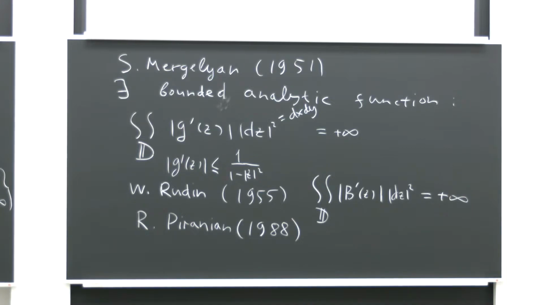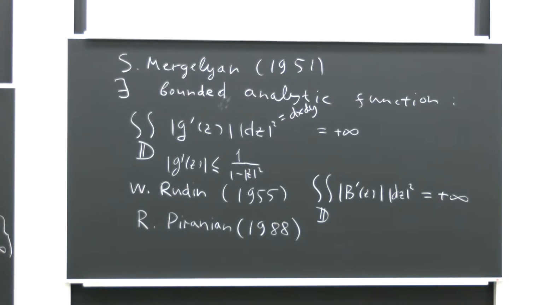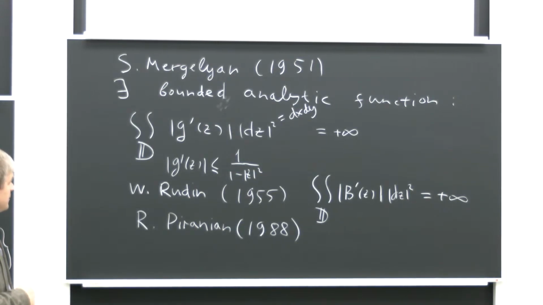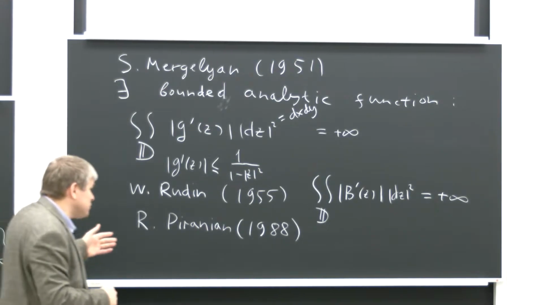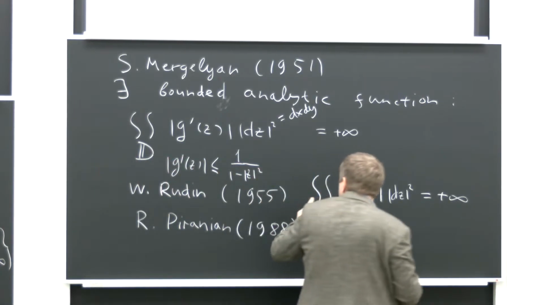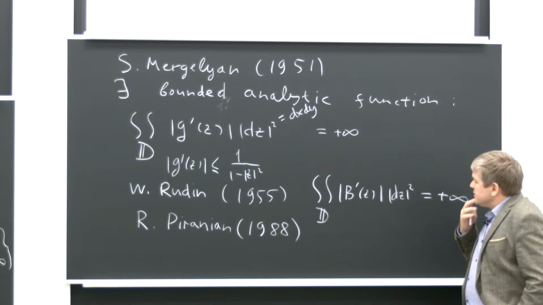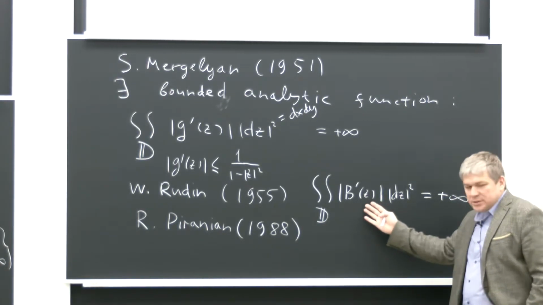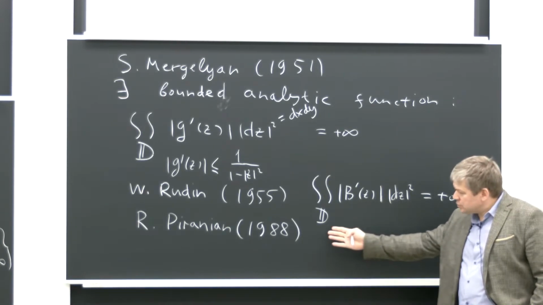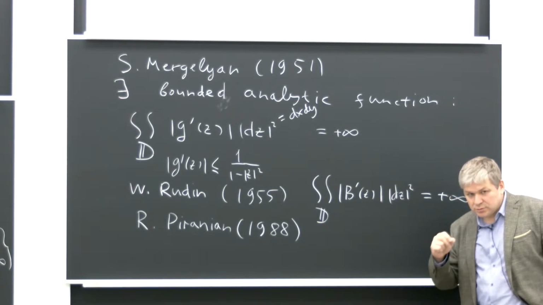So one may ask the following question: what will happen in the case when we have finite Blaschke products? When I say similar, I mean that Rudin just showed that there exists such a Blaschke product, and Piranian constructed one with concrete zeros.